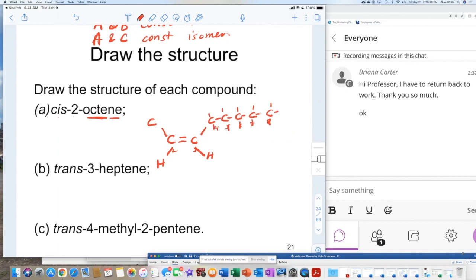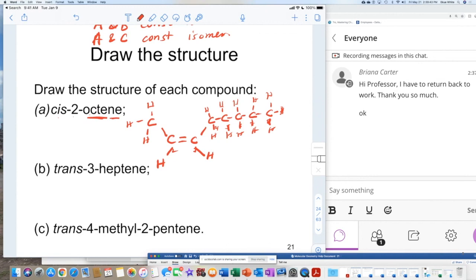Yeah, 4, 4, 4. This is 4, this is 4. 1, 2, 3. So H, H, H. And then we got H, H, H, H, H, H, H, H, H, H, H. Okay? Yeah, so I know it's an ugly picture, but this is cis-2-octene.